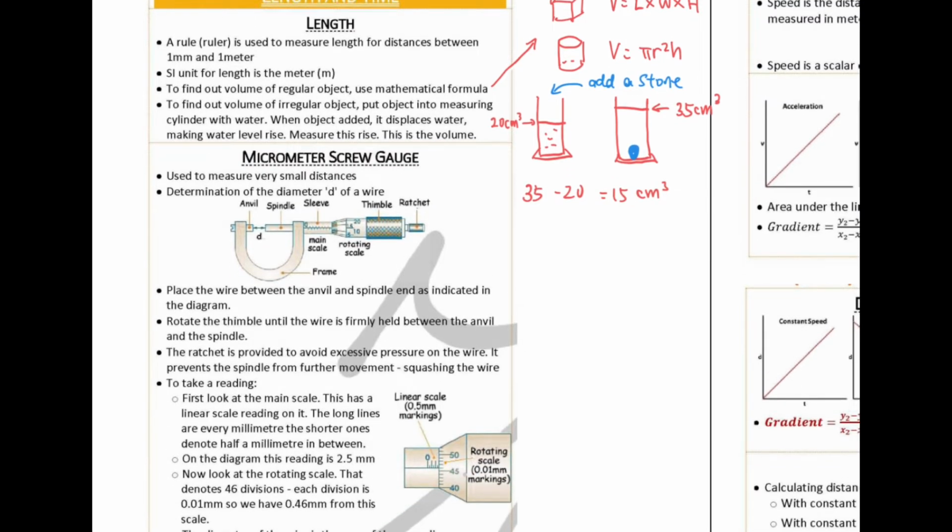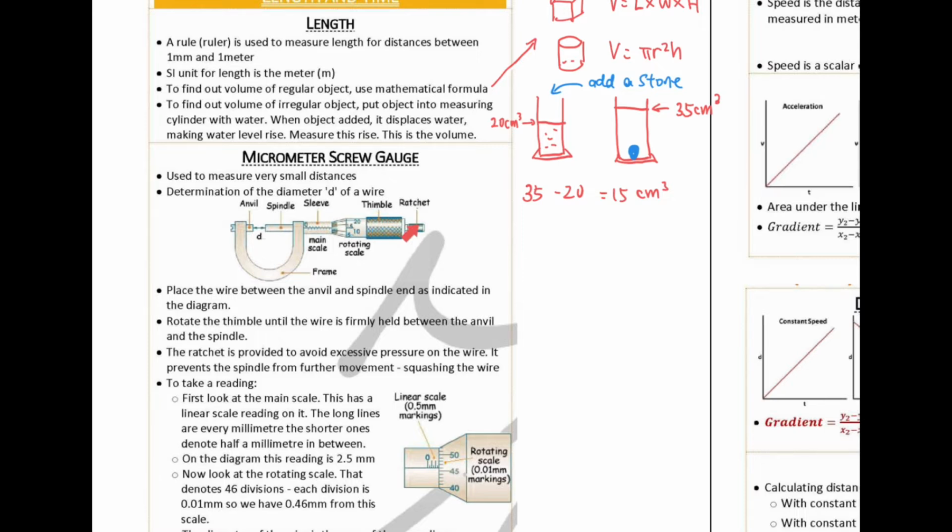The next one, the micrometer screw gauge, used to measure very small distances. This is the example for determining the diameter d of a wire. When we use the micrometer screw gauge, for example, you want to find out the diameter of a wire. So you put the wire here, then you turn the thimble to tighten up the space here, and of course you will hear a sound like tug.